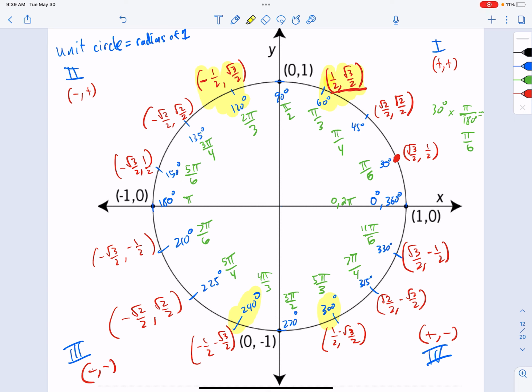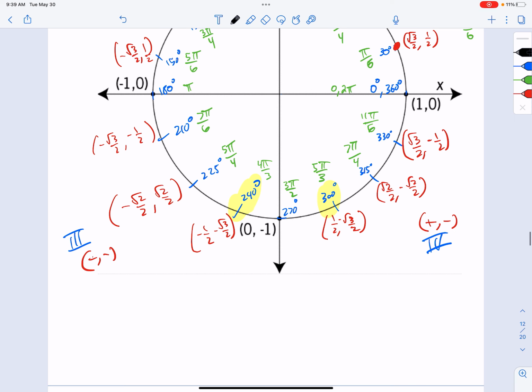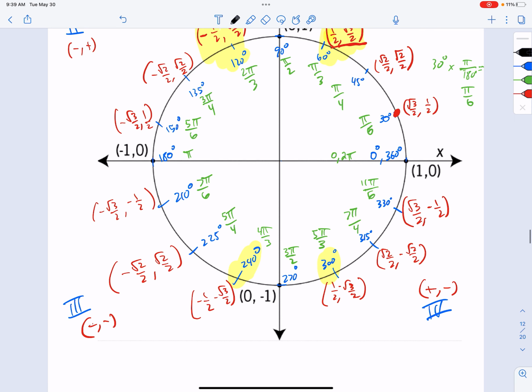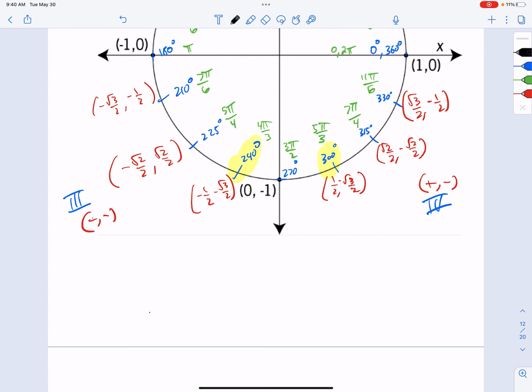A couple other things to mention. Here's what I want to say. So when we drew that right triangle for 30 degrees, and I had a 1 here because it's a unit circle, I found a y value and an x value.